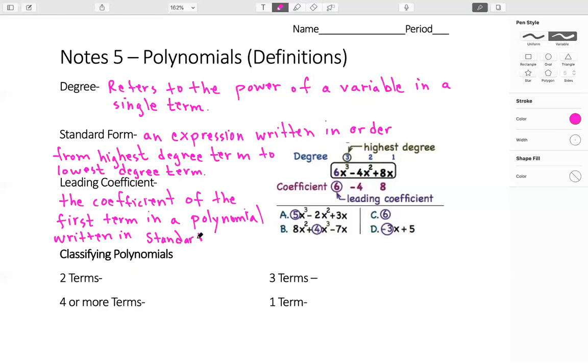That's important. It's the coefficient. So see the coefficients right here? These are all the coefficients of these terms, 6, negative 4, and 8. And the leading coefficient is the coefficient of the first term in a polynomial written in standard form. So that is the condition. It has to be written in standard form.